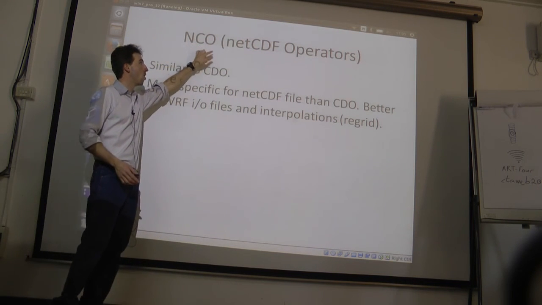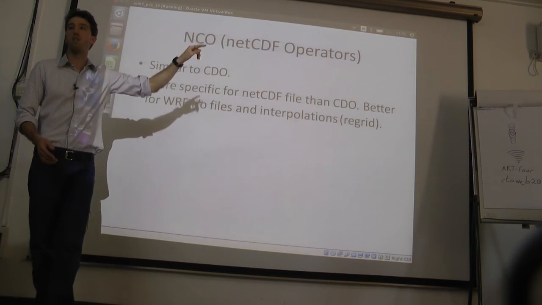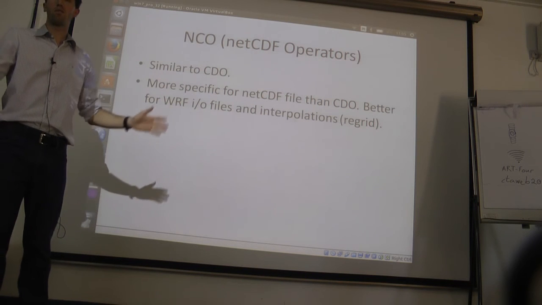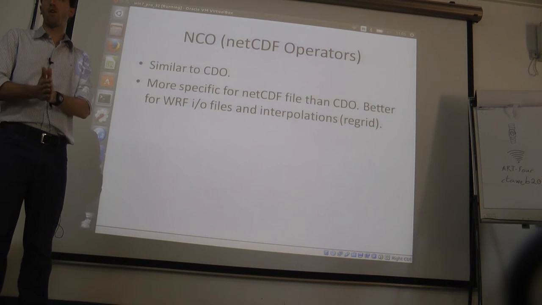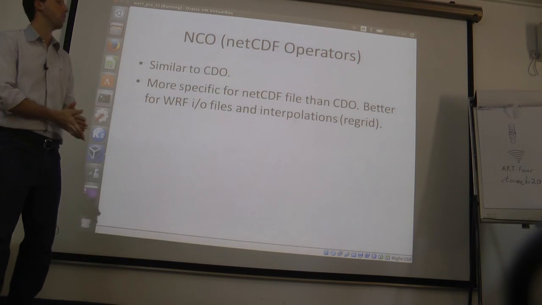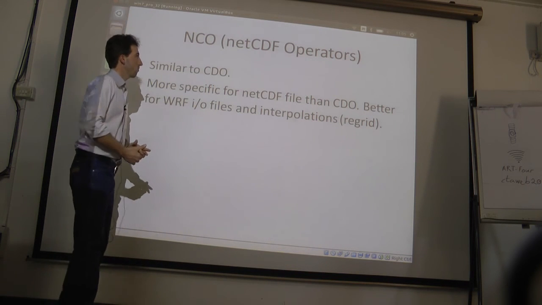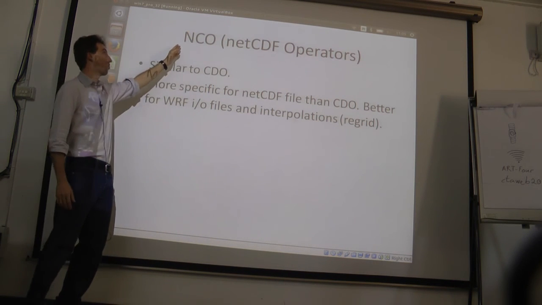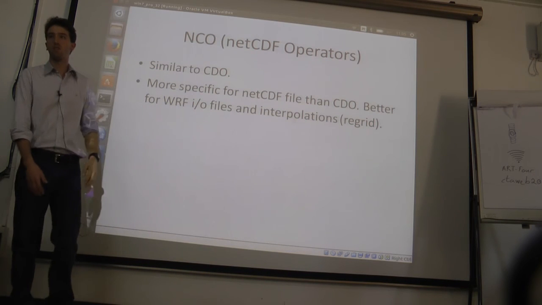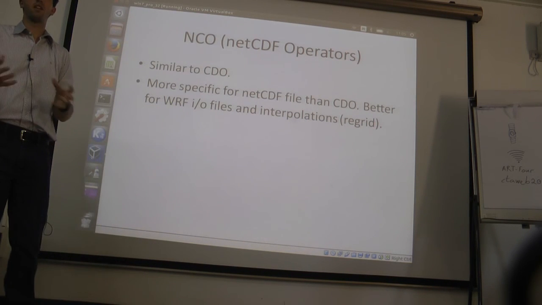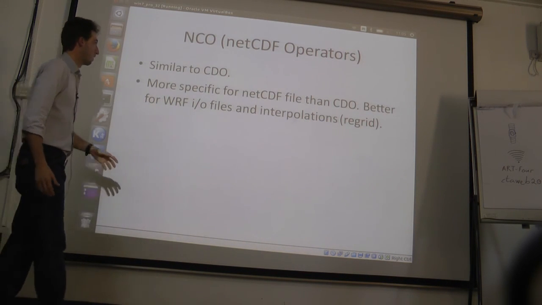This NCO is more for NetCDF files. So if your WRF output is in NetCDF files, sometimes it's good to use NCO instead of CDO. Both do basically the same.